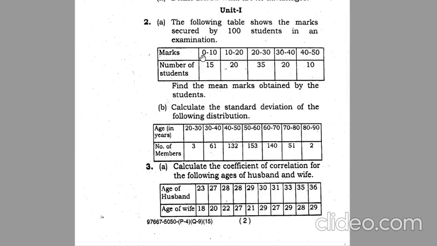That will be your x, the variable. Fourth column is nothing but f into x. So I find f into x and summation f into x. Just put all the values. If you are using the deviation formula, write d is equal to x minus a. So first choose an assumed mean, then calculate d is equal to x minus a.